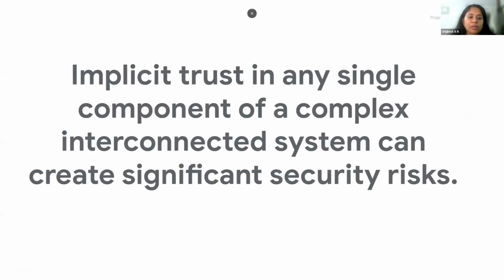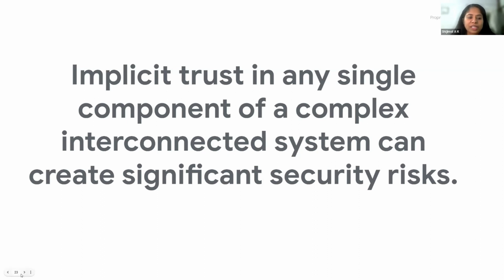So this is one very important statement: implicit trust in any single component of a complex interconnected system can create significant security risk. You cannot say that this component of mine is completely safe. You should never assume trust.